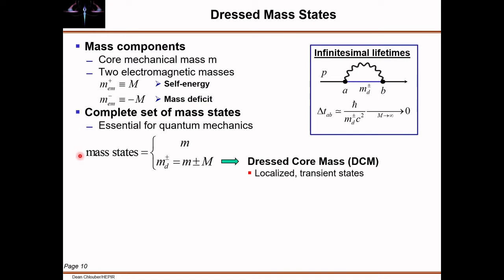So we really have three mass states, including two dressed core mass states. These are localized transient states dressed with positive or negative vacuum energy. And these will become important when we consider their insertion in the internal fermion lines of this electron self-energy diagram, for example.